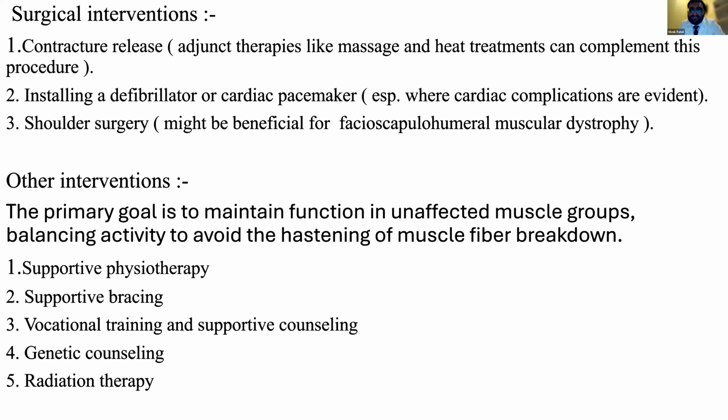If the patient has severe cardiac complications, such as severe syncope or advanced cardiac block, installing a defibrillator or cardiac pacemaker is helpful to manage them. And for some patients with facioscapulohumeral muscular dystrophy, shoulder surgery might be beneficial because it helps stabilize the shoulder and their daily activities.